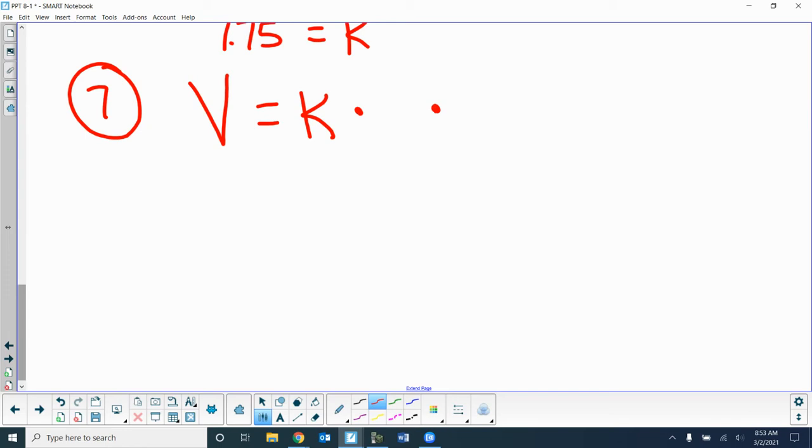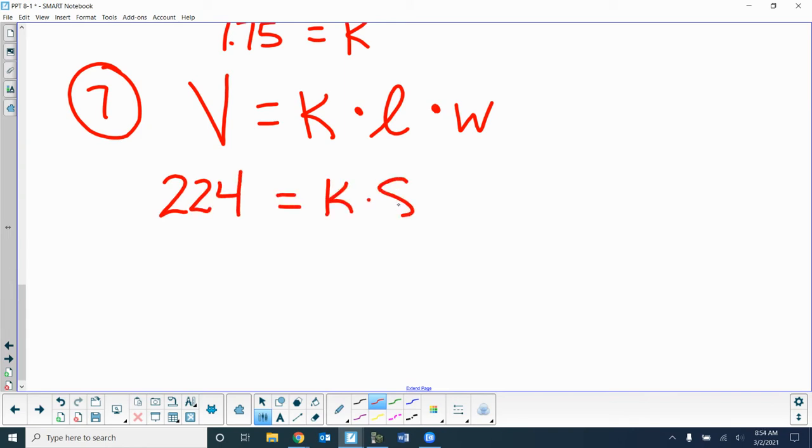As the length L and the width W. Okay. Then it says the volume was 224 when the length was 8. And the width was 4.